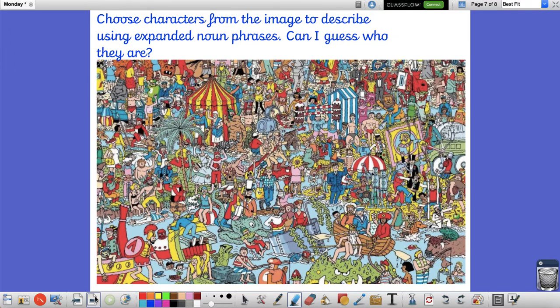So an example could be, I'm going to choose a character. I'll have a look on the screen, this is what I want to use. Okay, I've chosen my character. And on the next page, I am going to have a go at describing it with expanded noun phrases, and you are going to see if you can try and guess who my character was.